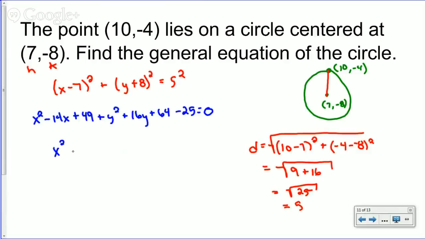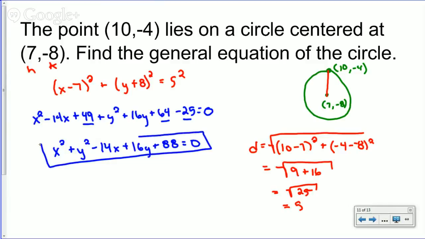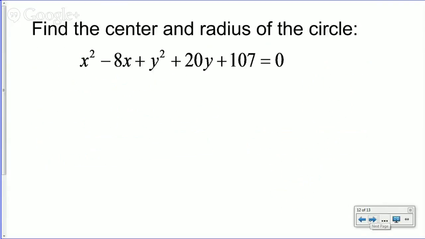So I've got x squared plus y squared minus 14x plus 16y, and then 49 plus 64 is 113 minus 25 is 88 equals 0. So there's your general equation. So make sure we know the distance formula here for that example.